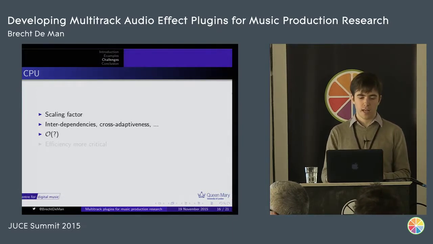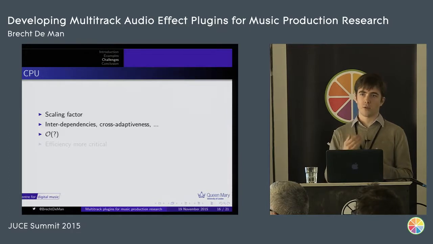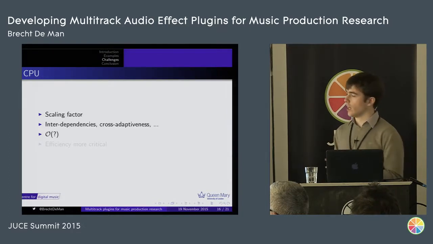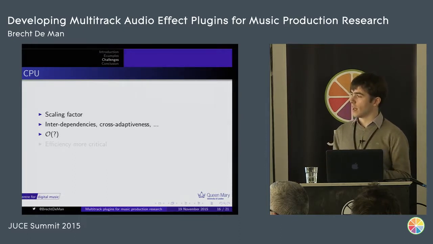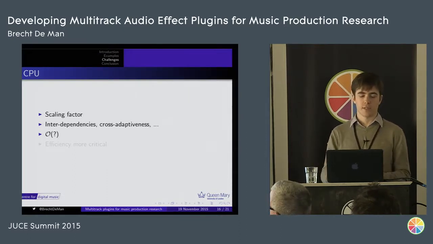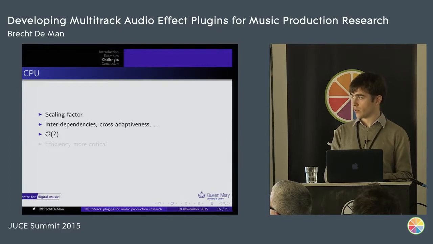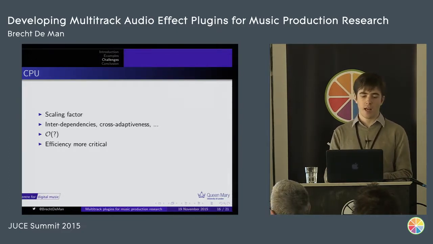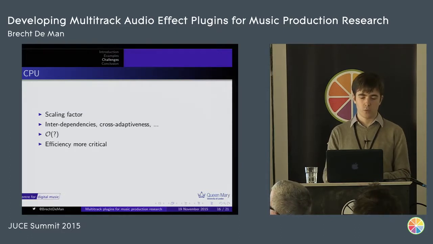So for the first time, academics like me need to think about efficiency and making code that actually runs quite well, because if you've got code that runs at 2% CPU for a single track plugin, then if you've got 50 tracks, obviously it's eating up all of your computer's resources. So efficiency actually becomes critical in this case, and basically you just have to code well.